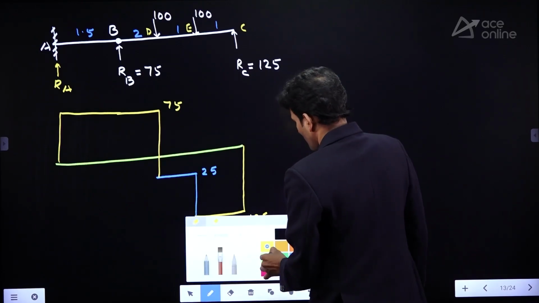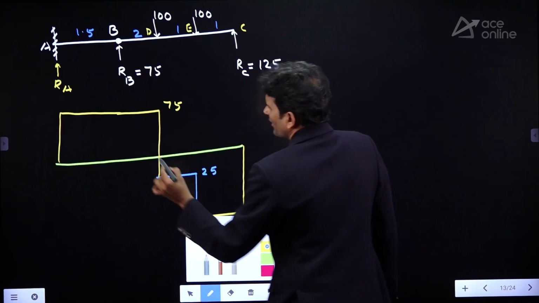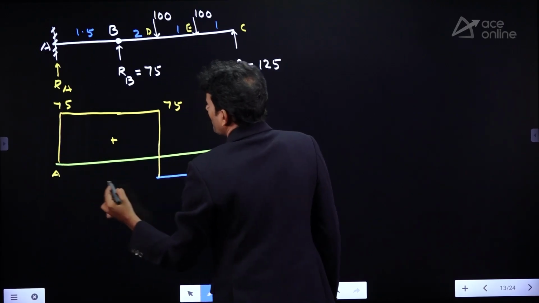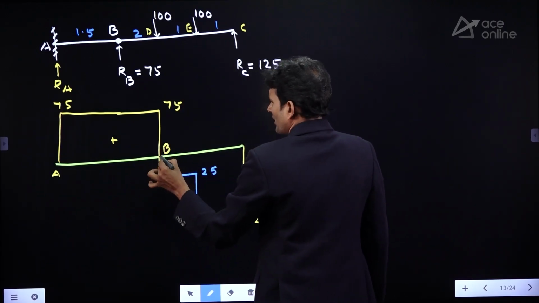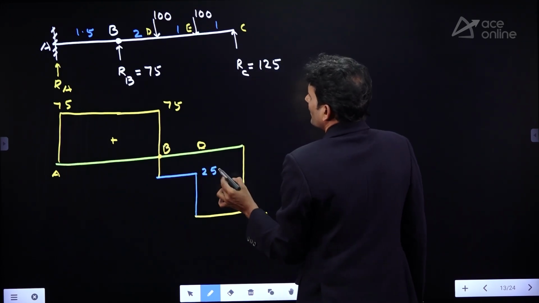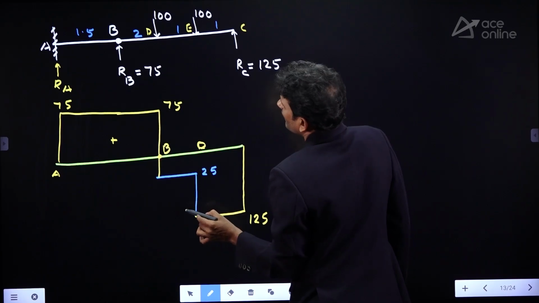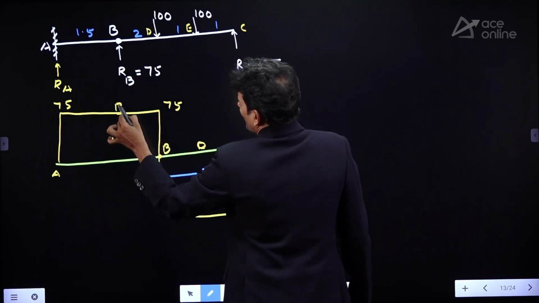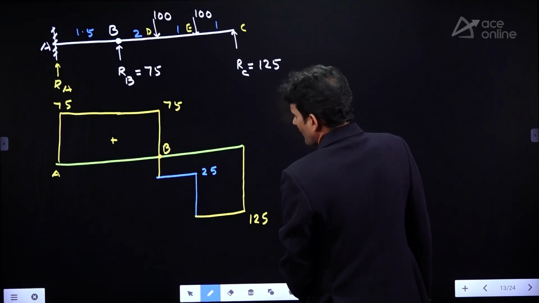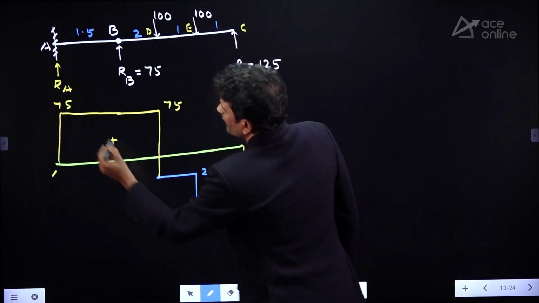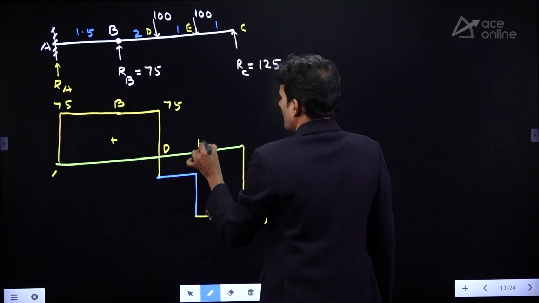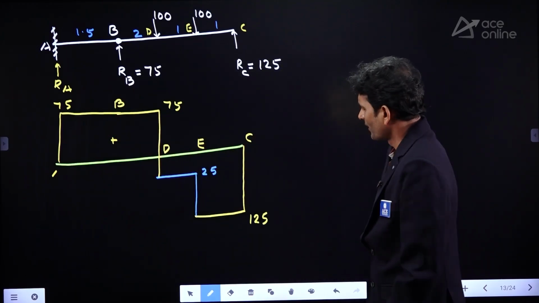So how much shear is available here? This is 75. This is point A. This is point B, this is point C, point D. This is point E. Right?